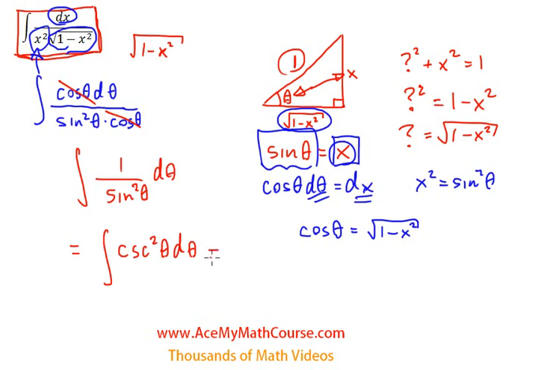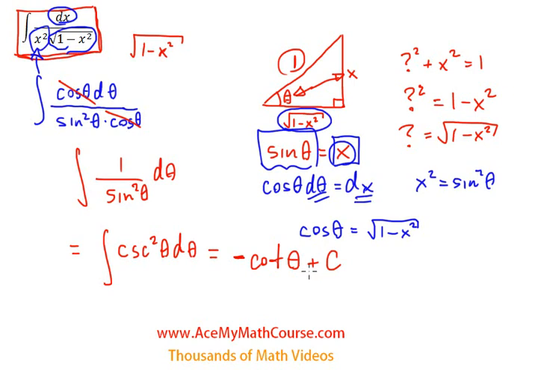So now, do you recall what the integral of cosecant squared is? It's just the negative cotangent of theta. And we need to add a constant c to this, and that is the answer, but not the final answer, because we want the answer in terms of x, not in terms of theta.